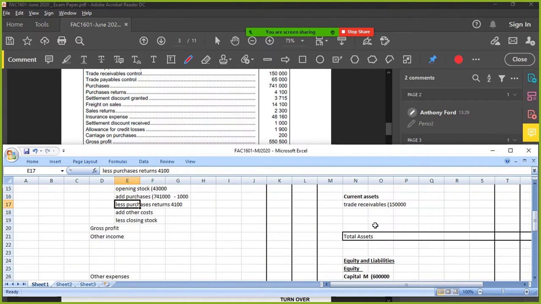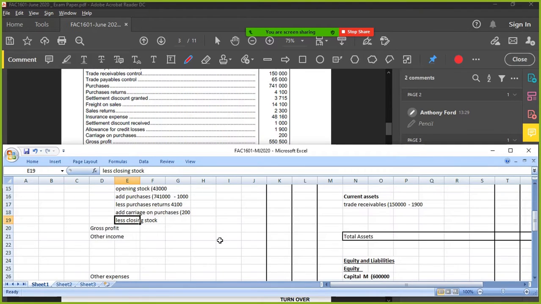Allowance for credit losses, negative asset off your receivables. Yes. Carriage and purchases, other costs. $200.